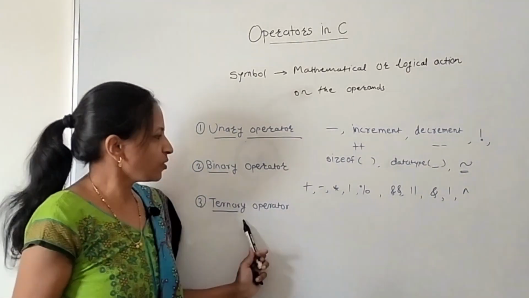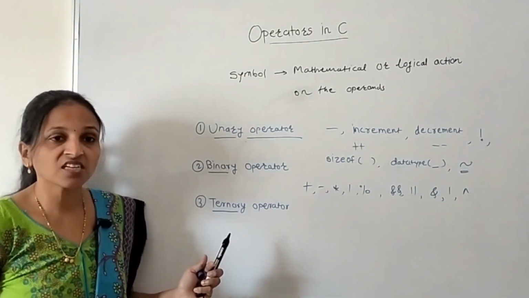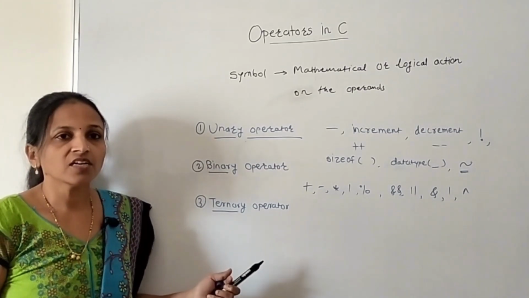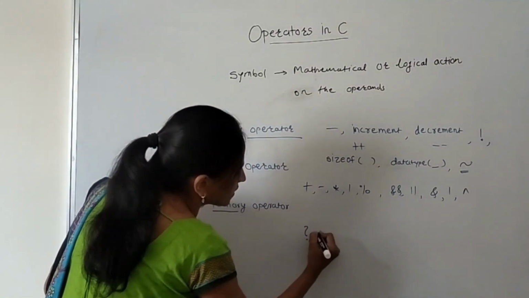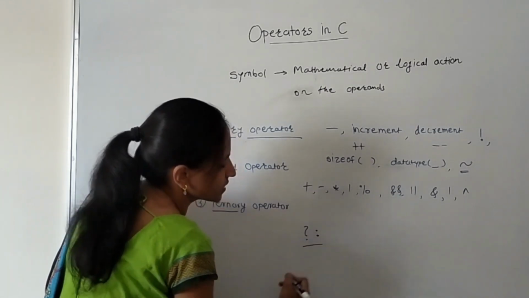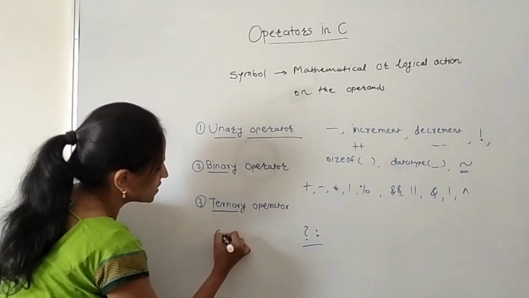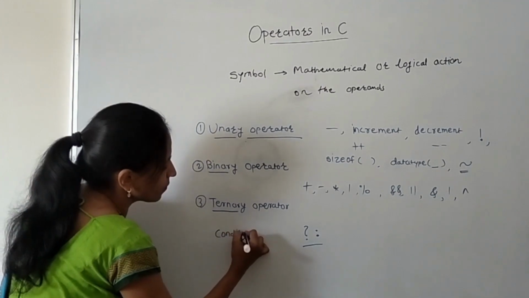Now there is one more category of operator, that is the ternary operator. In the ternary operator there is only one operator, that is question mark colon. That is also called a conditional operator.